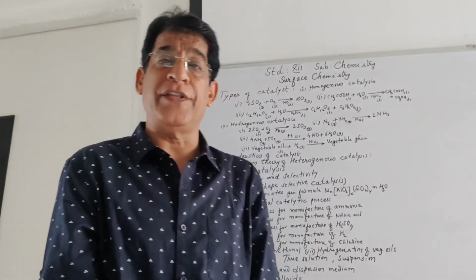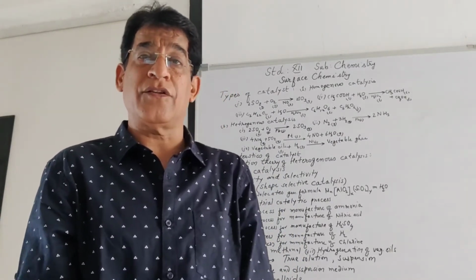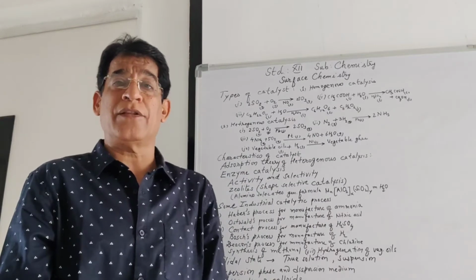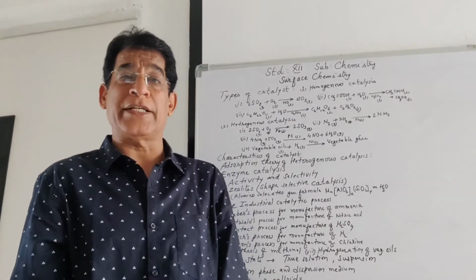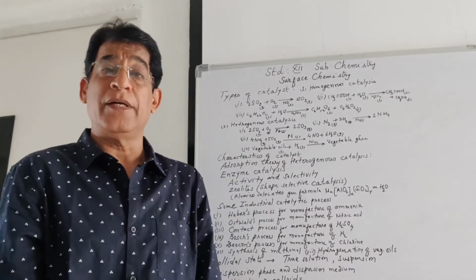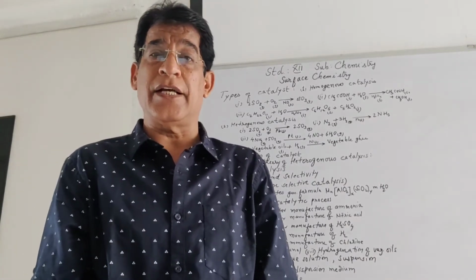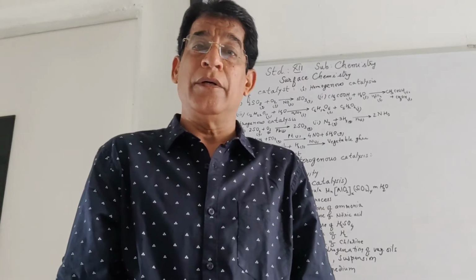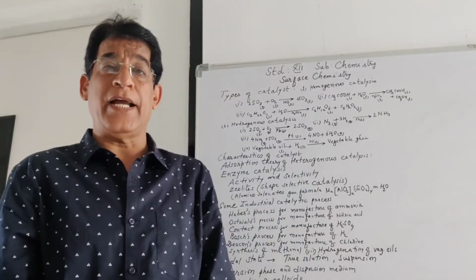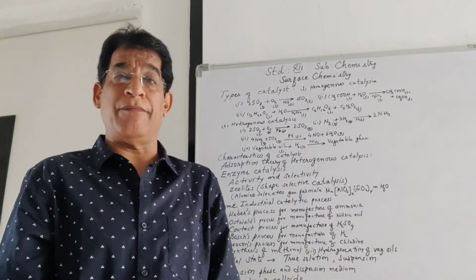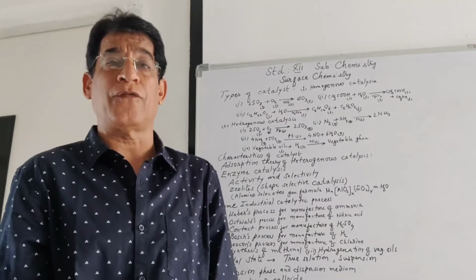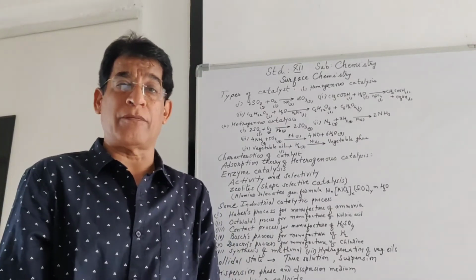Z means zeolite, S means sieve, and M means molecular, with the number 5. It converts alcohols directly into gasoline, meaning petrol, by first dehydrating them so that a mixture of hydrocarbons is formed.